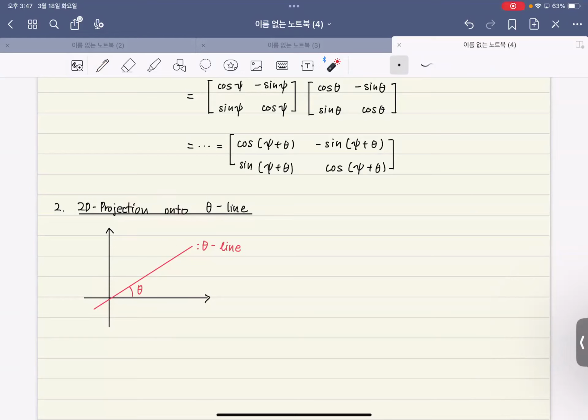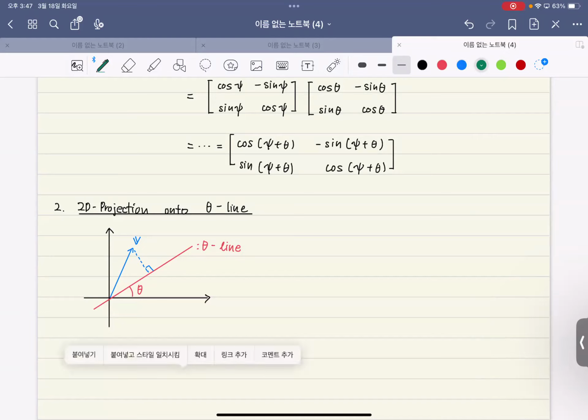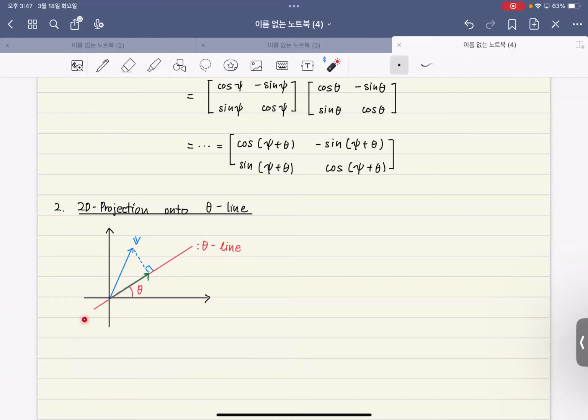Now, the projection is like this. Just choose any random vector in R2, and suppose that you project this vector onto the theta line. By drawing a foot, which is a 90 degree angle, this green vector must be the projection of this vector onto this space.